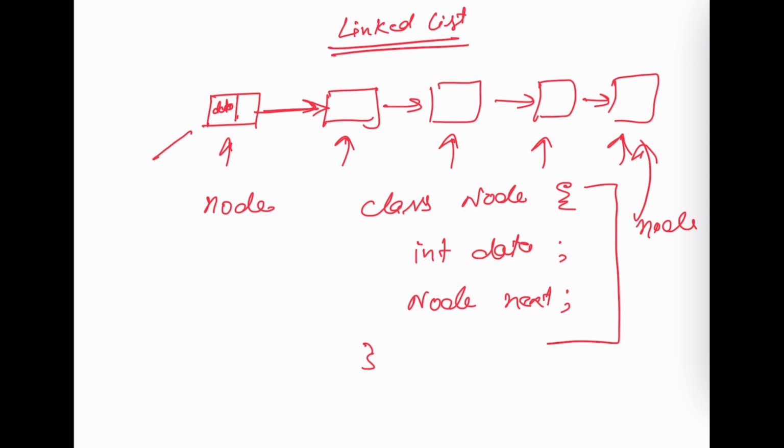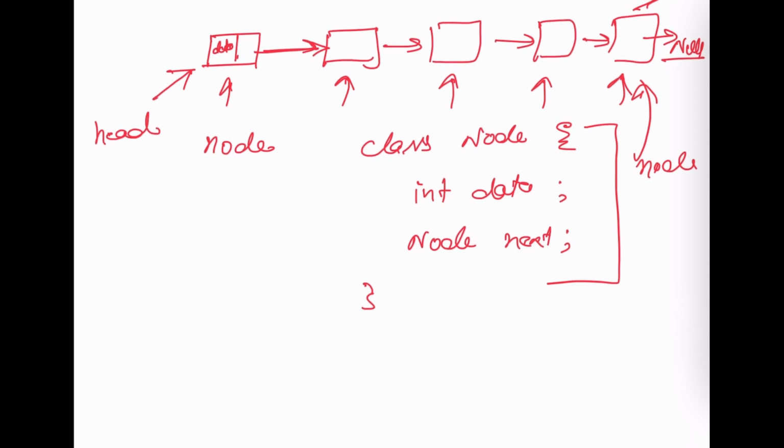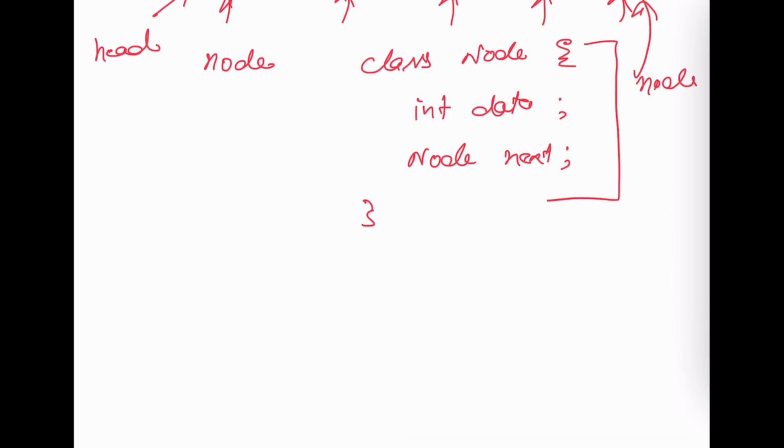In this, the starting node is called the head, and this will be called the tail or the last node. And in this, the last node will always point to null. So if we have to explain the characteristics of this linked list, what we can say is the first node is called the head of the linked list.